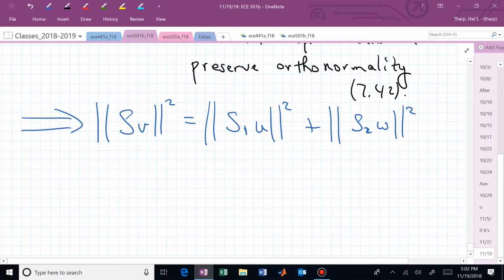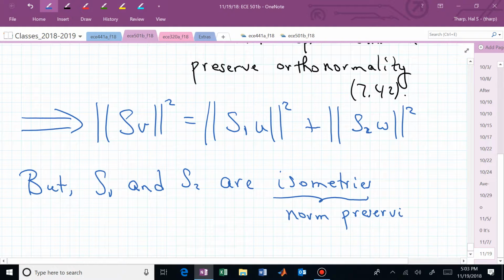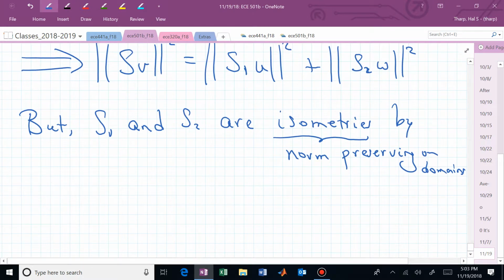But what do we know about S1 and S2? I keep harping on this, but what do we know about it? They have non-trivial null spaces on those restricted domains, don't they? So S1 and S2 are norm preserving, or are isometries, on their domains by the way we built them, by construction.